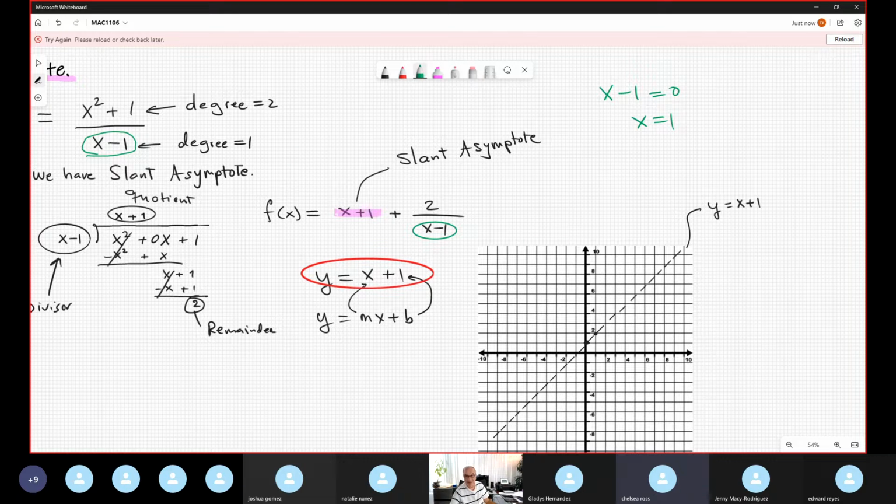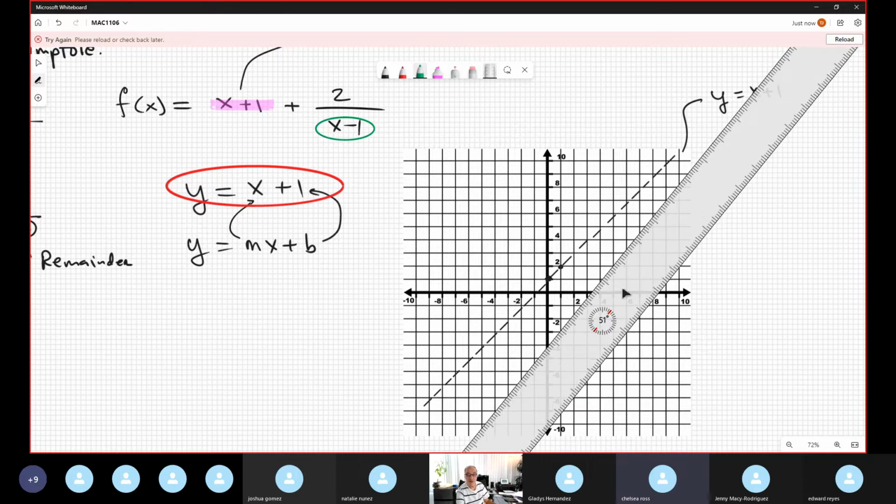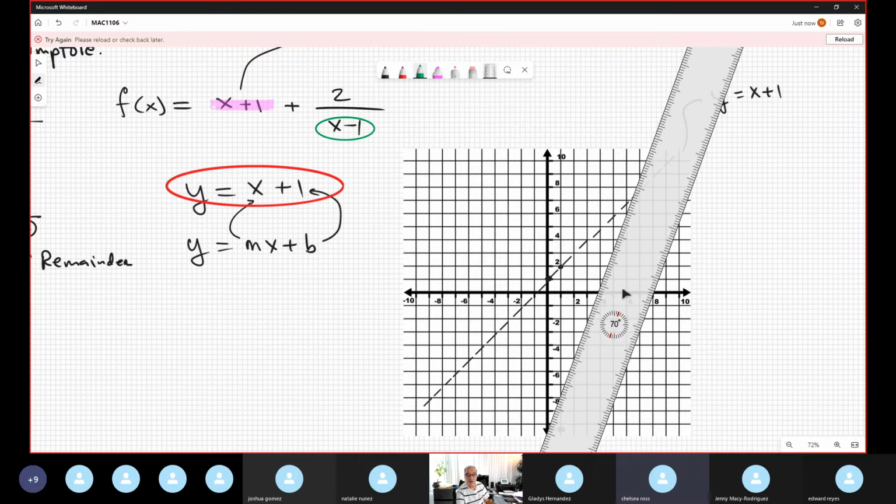So they do not exclude each other. In one problem, vertical and slant can exist. Vertical and horizontal too. Slant and horizontal never exist together. This is exclusive. But vertical and slant, of course. We have one vertical. Vertical is 90 degrees.